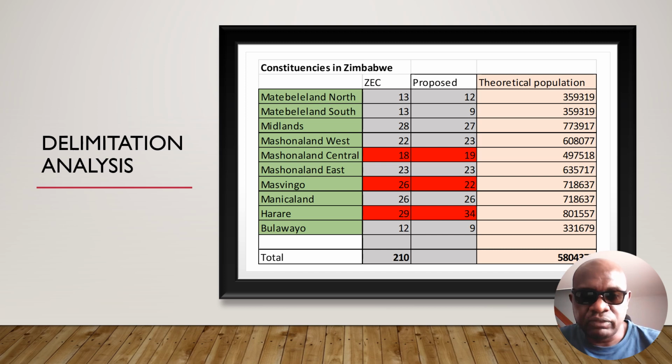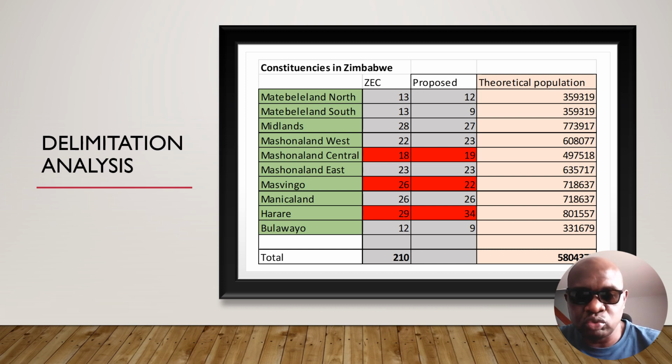Now if you look at this here, this is the theoretical constituency population. When I say theoretical constituency population, it's when you divide the whole population by 27,641, theoretically, not based on the actual numbers given for each province, but a theoretical distribution of the population.